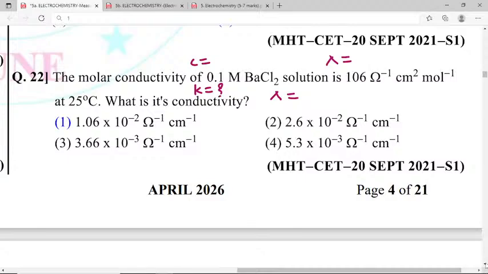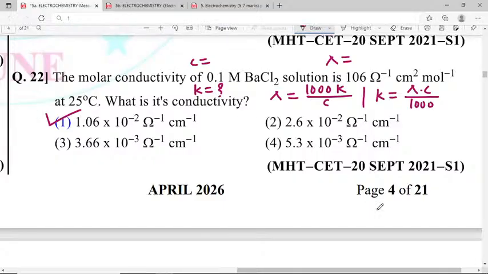Molar conductivity is equal to 1000 K divided by C. So K is equal to lambda into C divided by 1000. Put the value, we'll get the answer 1.06 into 10 to power minus 2.